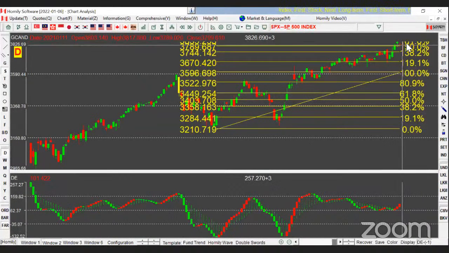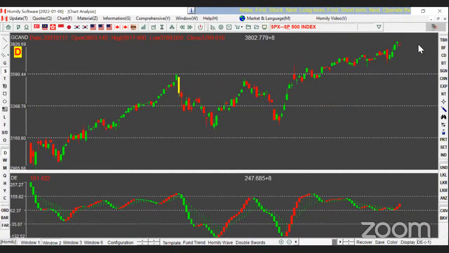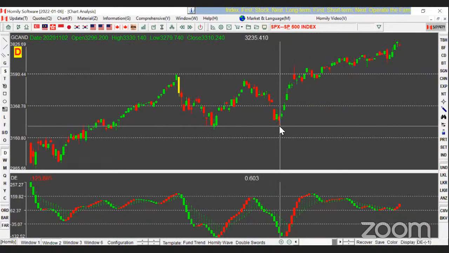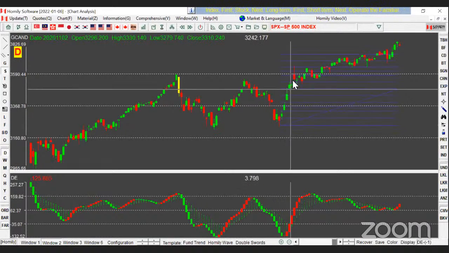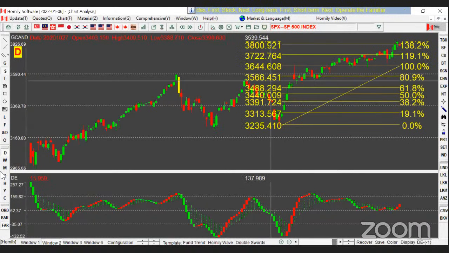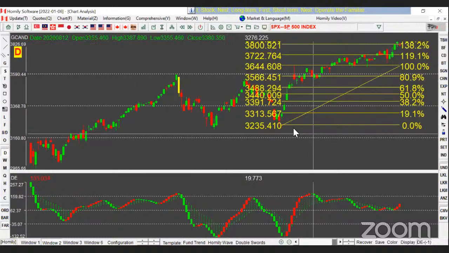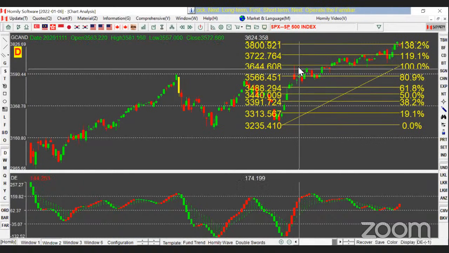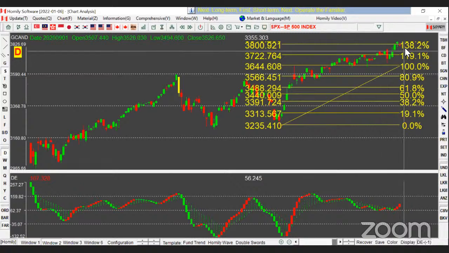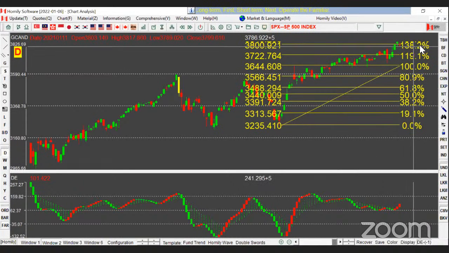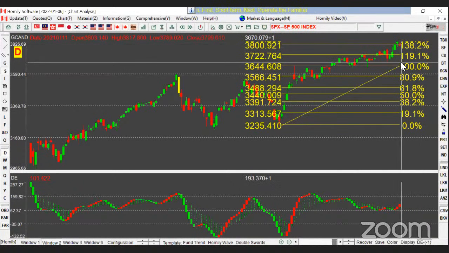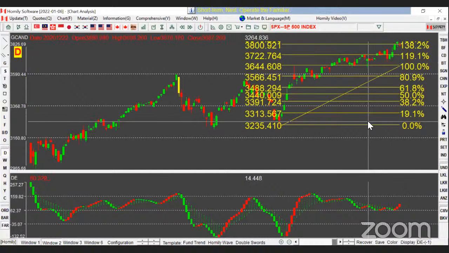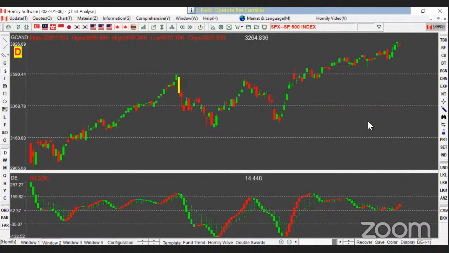But it's around the 161.8% level also. Or if you choose this low point here, and drag from this low to this high, now the price is around 138.2%, which also means significant resistance, right? Okay, so this is for the S&P 500.